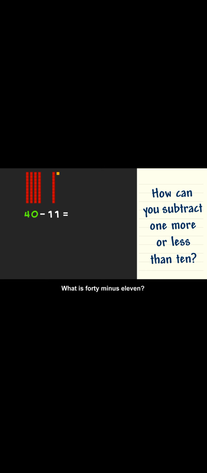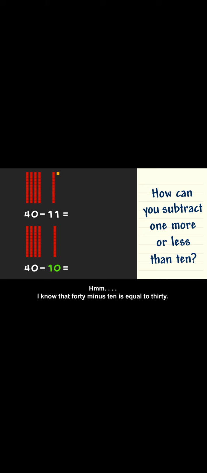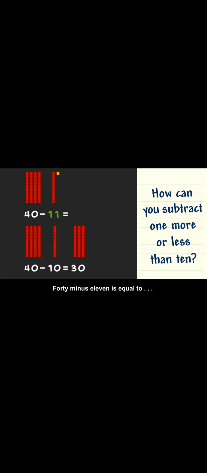What is 40 minus 11? I know that 40 minus 10 is equal to 30, but we're subtracting 11, so the difference is 1 less. 40 minus 11 is equal to 29.